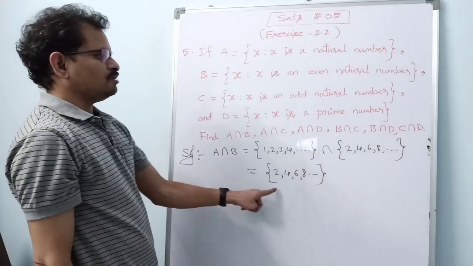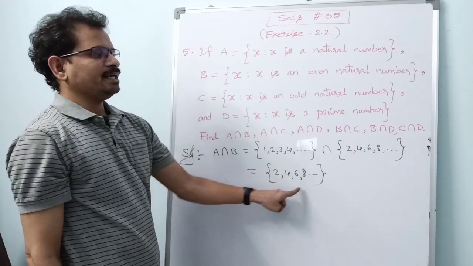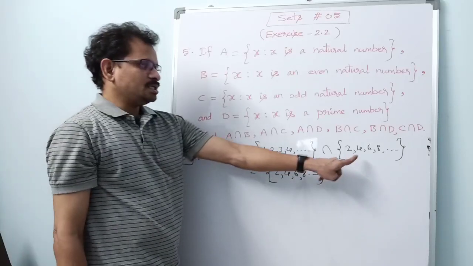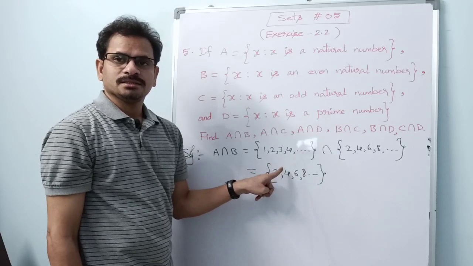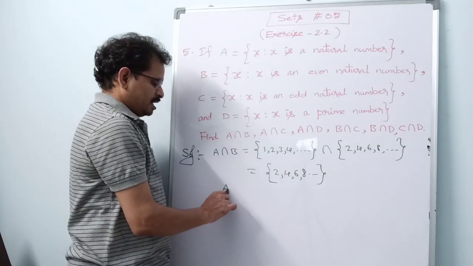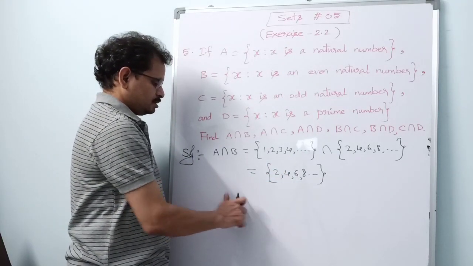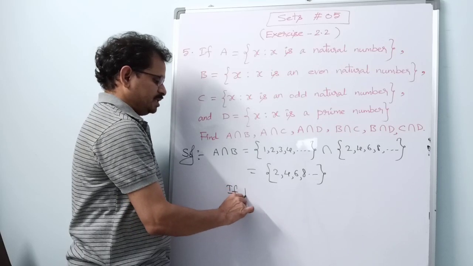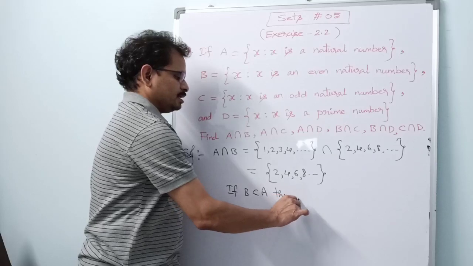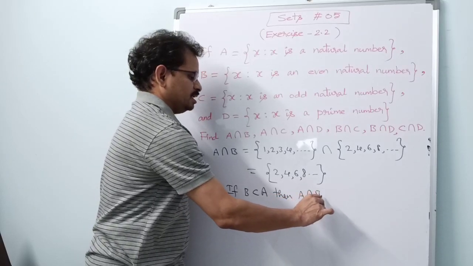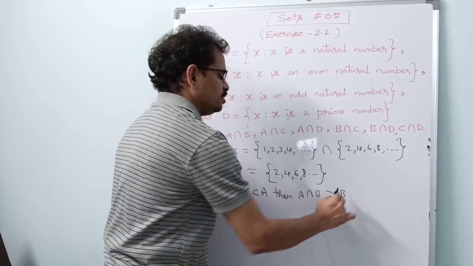So A intersection B, what are you getting here? We are getting again even natural numbers. This is a subset of this, is it not? If it is very clear, if B is a subset of A, then A intersection B is equal to how much? B only.